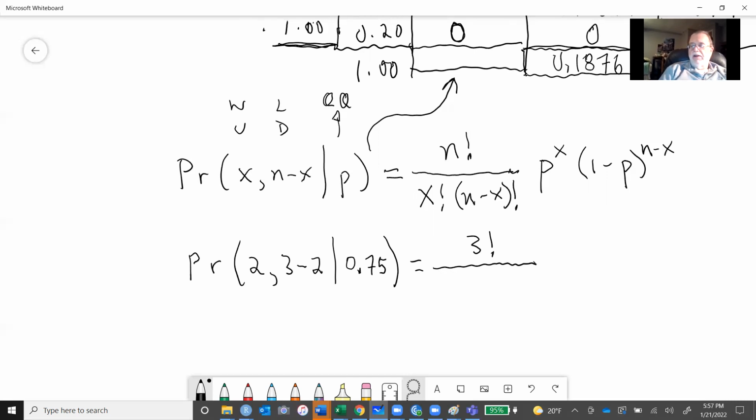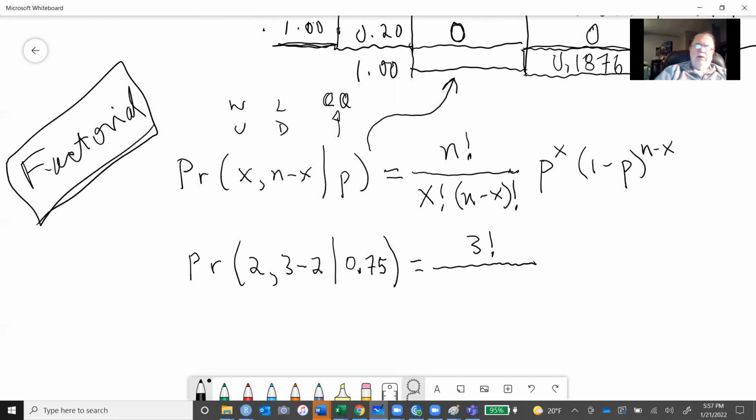Notice how blithely I am assuming you know what that means. You should just haul it out of memory, or you could look up factorial in any citation on the internet. Okay. And x is the number of waters, 2 factorial. 3 minus 2 factorial.